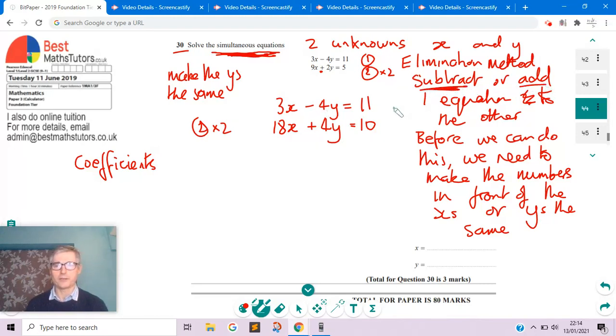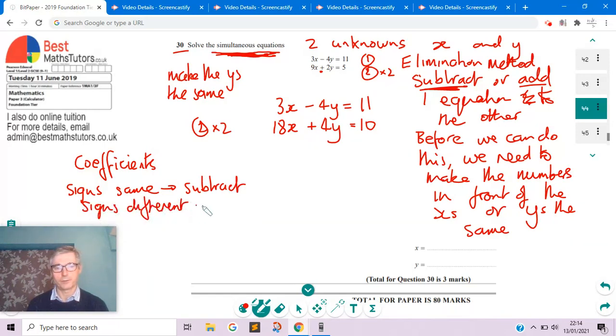Now, the way to decide which one to do is if the signs are the same, we would subtract. But if the signs are different, we add.